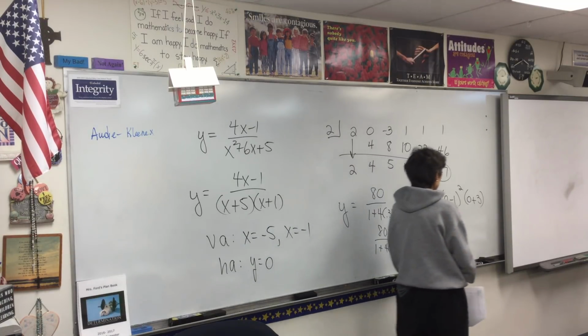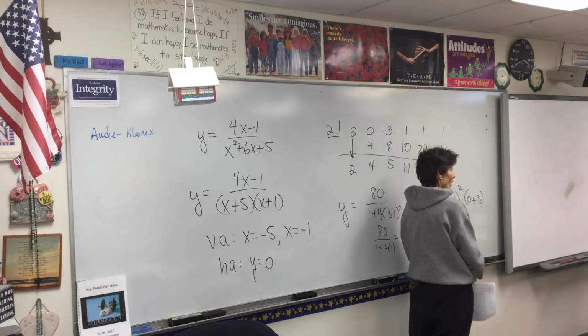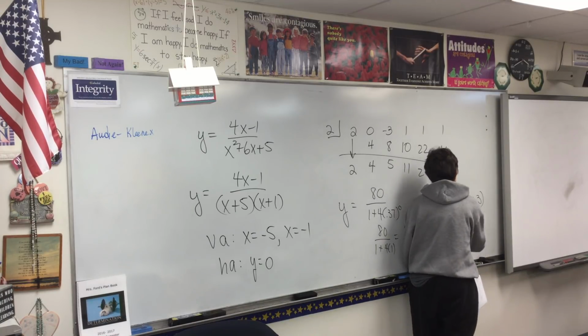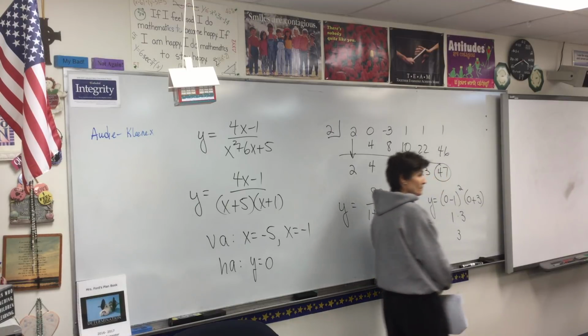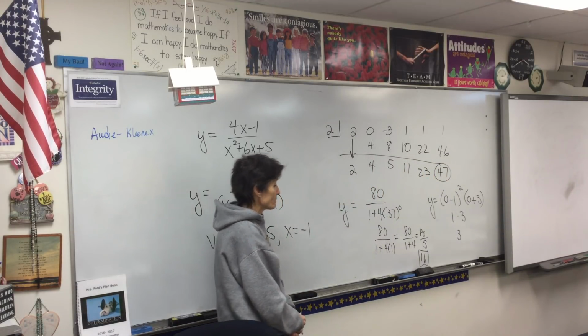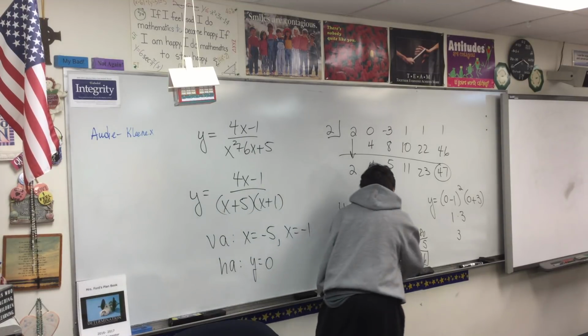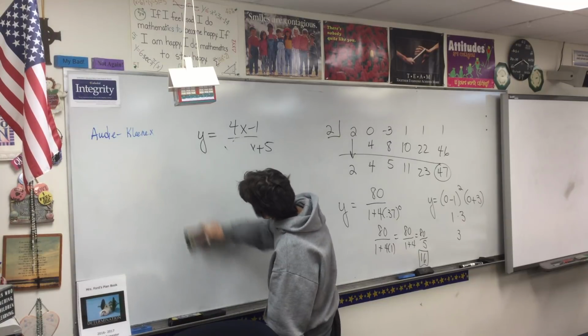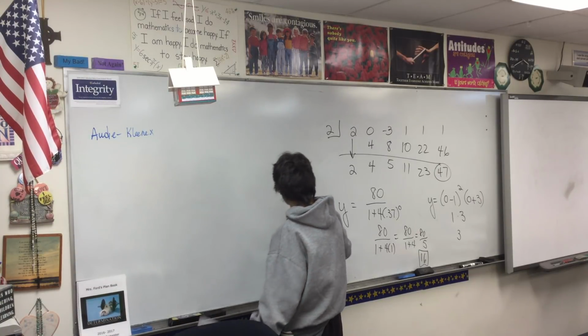So 0 minus 1 squared is 1, and 0 plus 3 is 3, so that Y-intercept is just 3. So one more time, how do we find a Y-intercept? We let x be 0.